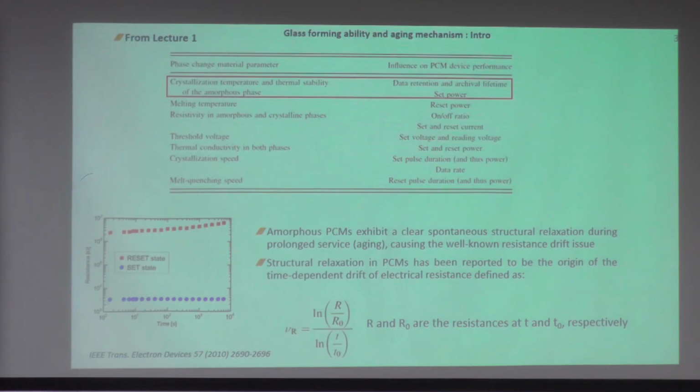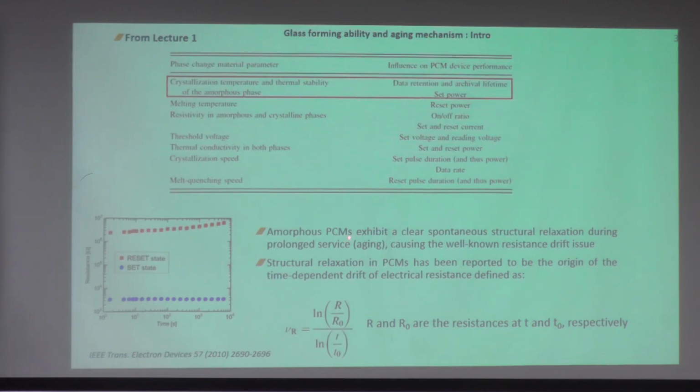And so, if we have such a resistance drift, to get multi-bit cells we need different states, at least 8 states. If the resistance of the different states changes, then at some point the resistances will overlap, and we cannot reliably read the information from the cells.